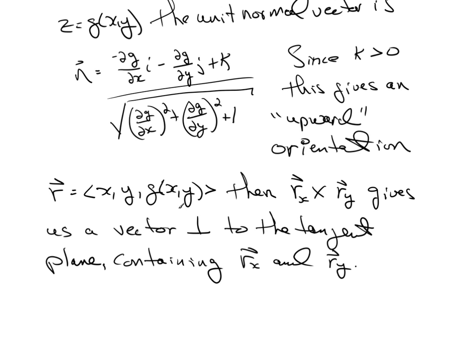So if you simply take the partial with respect to x and with respect to y, and then do the cross product, this is what you're going to end up getting. And then, of course, to make it a unit normal vector, you simply divide by the magnitude.